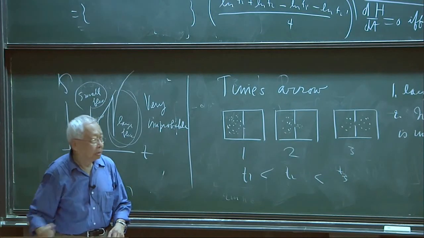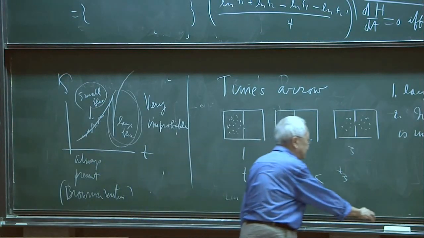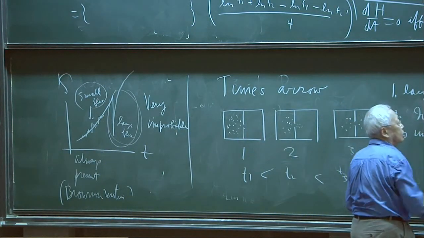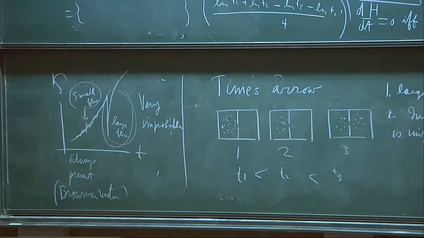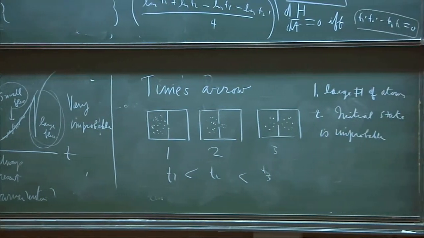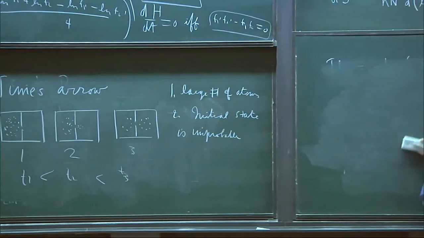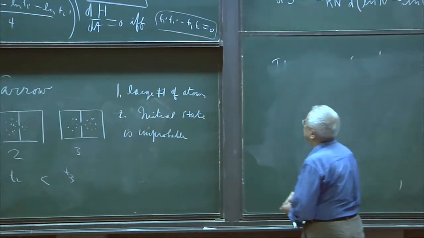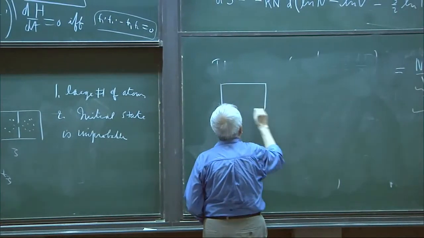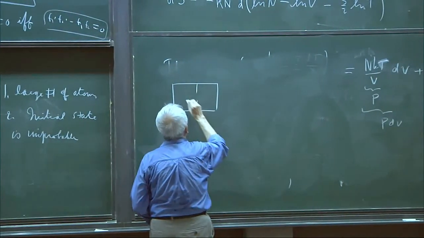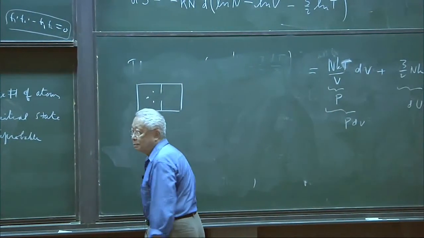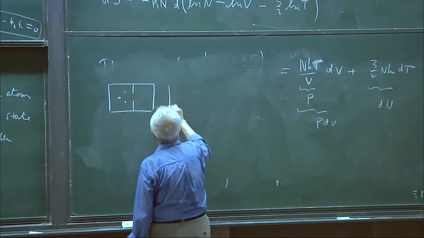Consider the next example in which I don't have a large number of atoms. I draw the same picture with a smaller number of atoms. So you have 3 atoms. In the second frame, it looks like this.